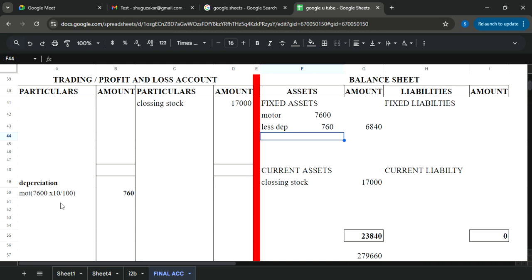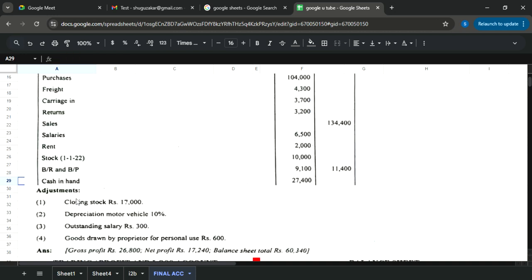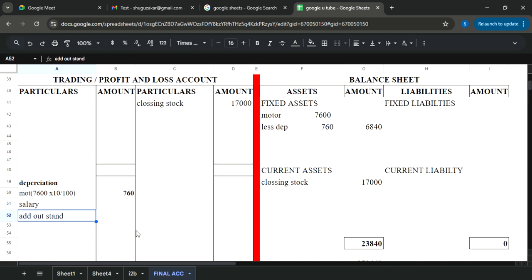Next is outstanding salary. Salary is part of indirect expense. You will come over here, write salary, and since it is outstanding, you will add outstanding. How much amount we have is 300, so just write down 300 over here.